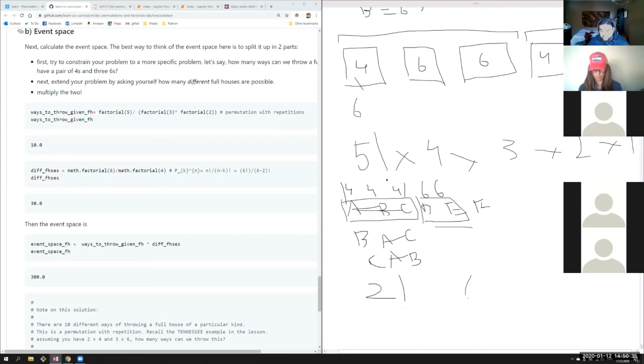There are 6 possible elements from which we want to select 2 elements, and those are going to be the ones that constitute our repetitions. So if we want to select k items from n, we do n factorial over n minus k factorial, so that's why this is 6 over 4. All right, so okay, now I get it.